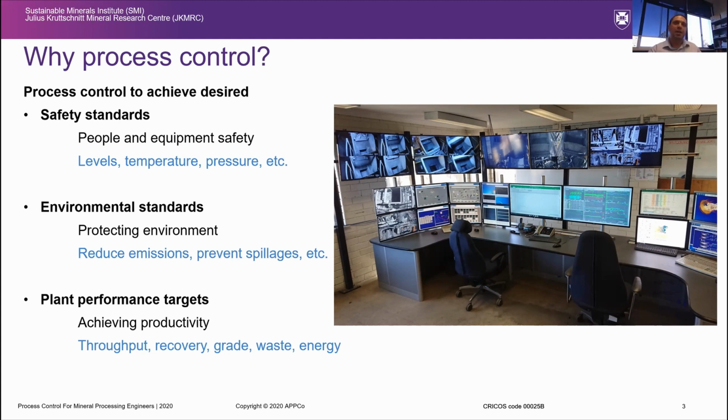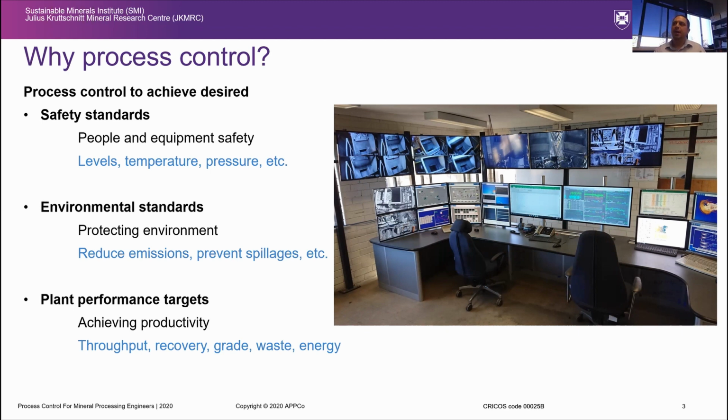Another aspect is environmental standards and protecting the environment, by optimizing the operation, trying to reduce emissions, preventing spillages, and so on. And another aspect, which is often less paid attention to, is the plant performance targets, which is essentially achieving productivity. Although we design process control and use it to achieve that process performance, because we pay more attention to the safety and environmental aspects, we might underlook the operation part.